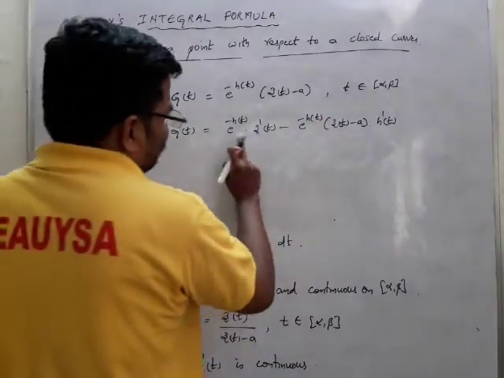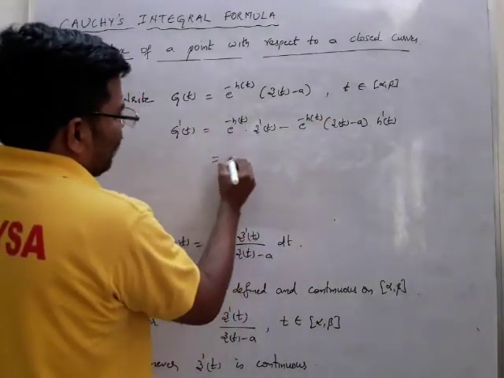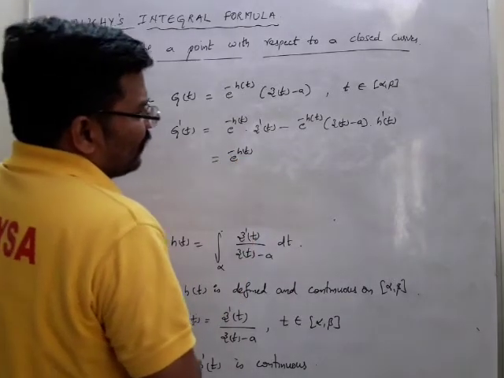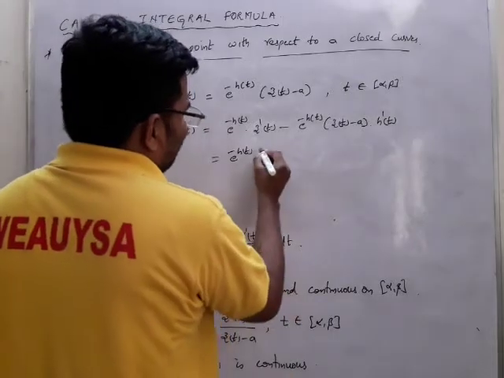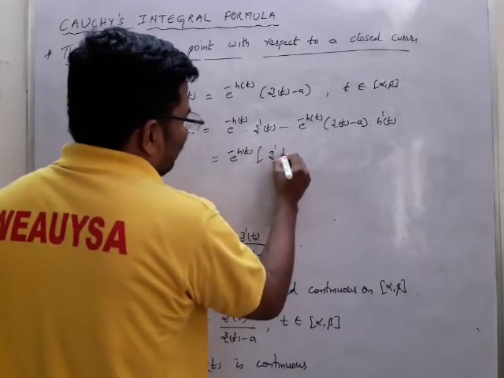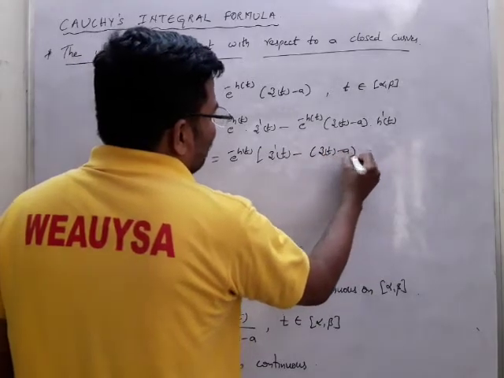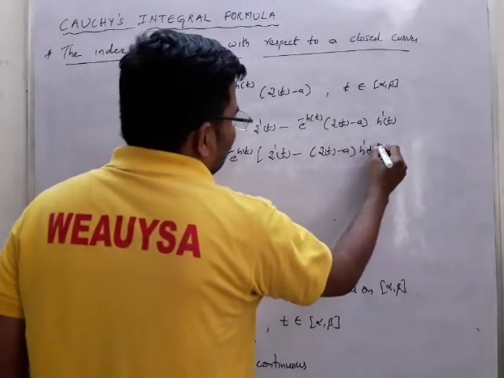In this, e power minus h of t is common, and you get z dash of t minus z of t minus a into h dash of t.